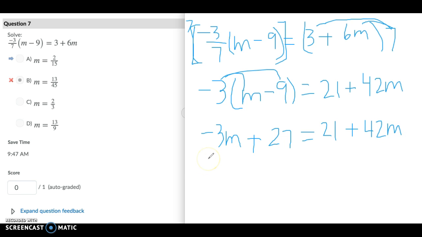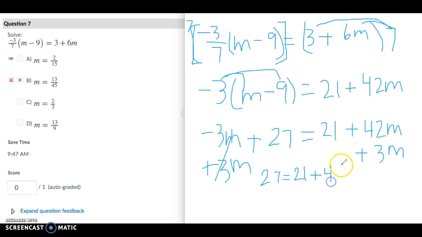Now I just need to move all the m's to one side and everything else to the other. I'm going to move this m over here because I like my numbers to be positive. So that'll give me 27 equals 21 plus 42 plus 3 is 45m.